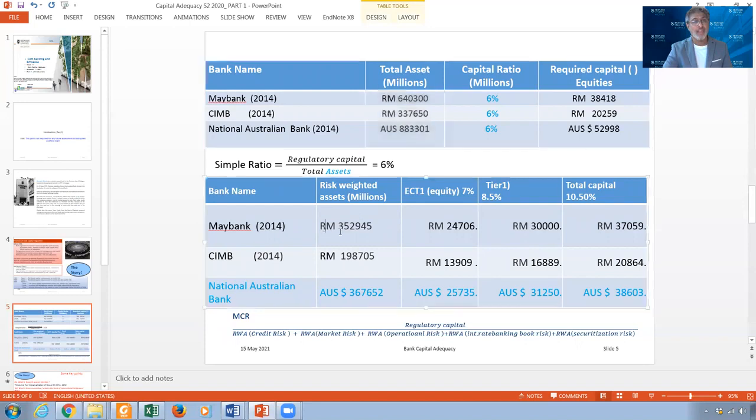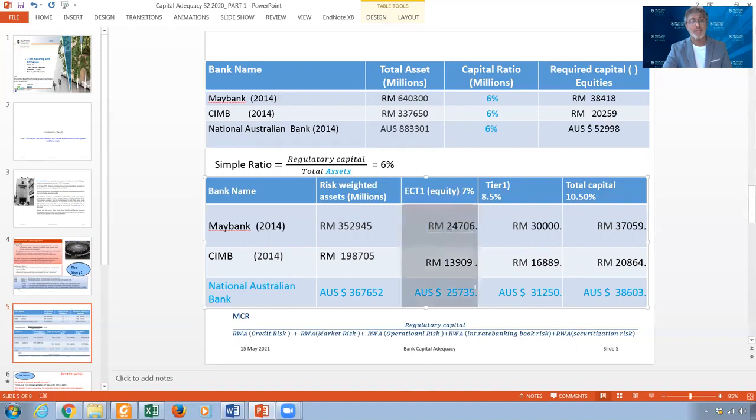I take only the risk-weighted assets according to Basel. And I multiply it by 7%, because Basel has 7% equity, 8.5% tier 1, and 10.5% for total capital. Before 89, this was only for the equity, so I also applied the equity.